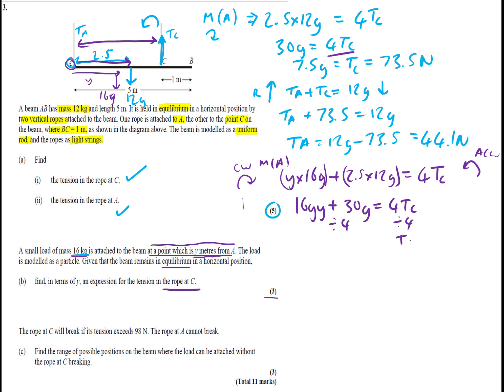So TC equals 7.5G add 4GY, and then you could just put that in newtons, so that's 39.2Y plus 73.5 newtons, and that's just multiplying G equals 9.8. There. That's part B done.